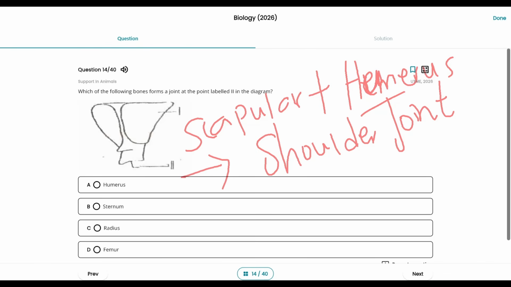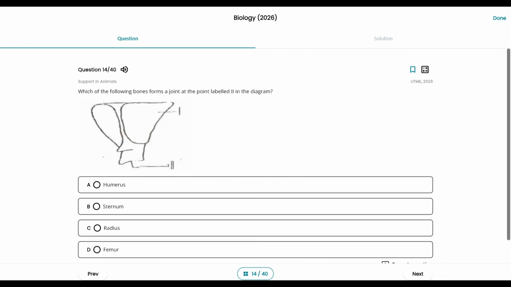This is the humerus. So you're letting know that in this diagram, this triangular part here is the scapula.